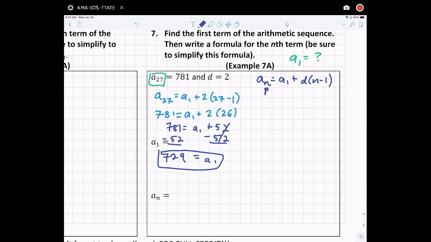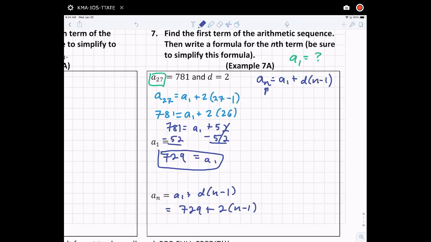Alright, now that I know my a sub 1, I can apply that to my regular formula. So in case I wanted to know what a sub 500 was, now I can use a sub 1 since I know it. So remember a sub 1 plus d times n minus 1. Maybe you switch the d and the n minus 1 because that's normally how you see it in the book. I will put 729 plus 2 times n minus 1.